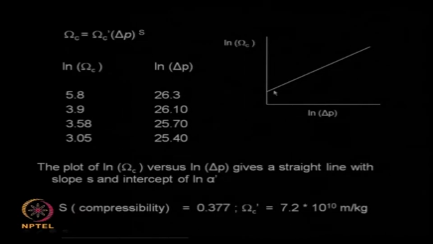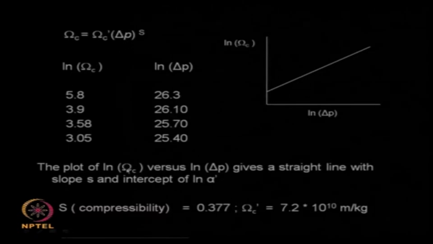So what happens? It does not pass through the origin. So what does it mean? The material is compressible. If it passes through the origin, that means S is equal to 0, that means the resistance offered by the cake is independent of delta P, whereas here it is not passing through the origin, right.